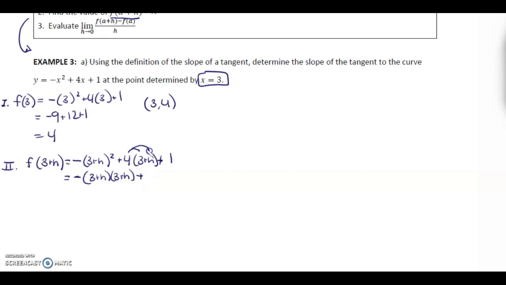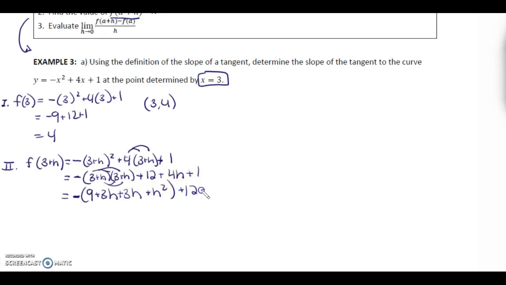Okay, we'll go ahead and expand this. 4 times 3 is 12. 4 times h is 4h. Bring down the plus 1. And now we're actually going to FOIL this. So 3 times 3 is 9. Keep that in brackets because that negative sign has to be applied after. 3 times h is 3h. h times 3 is 3h. h times h is h squared.